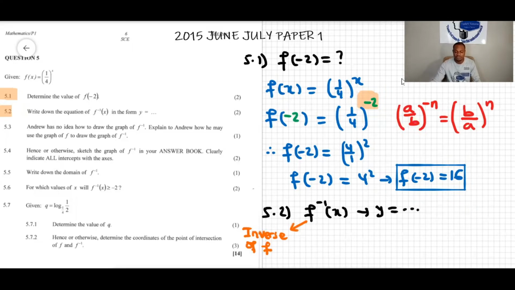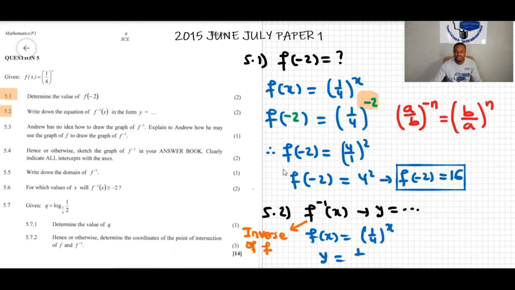So now, how do you work out the inverse of f? It's when we swap the values of x and y. Okay, we call y x, we call x y. So we interchange x and y. F of x was given by a quarter to the power of x, which is y.